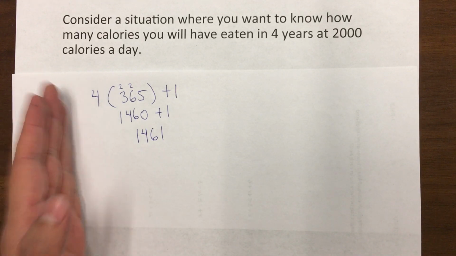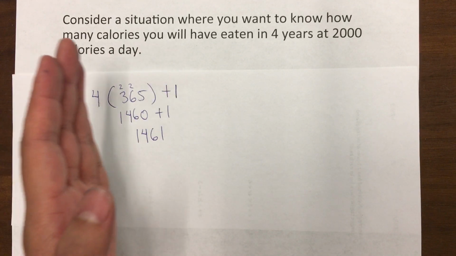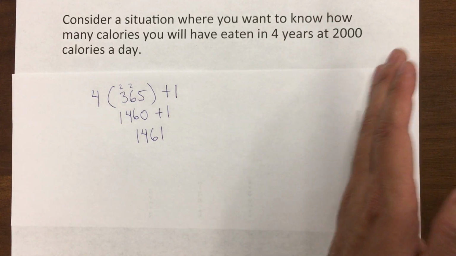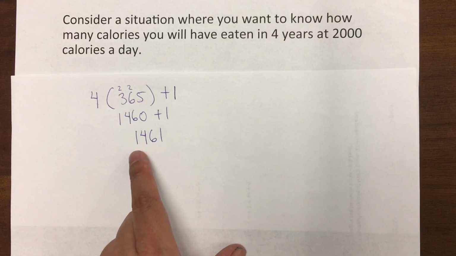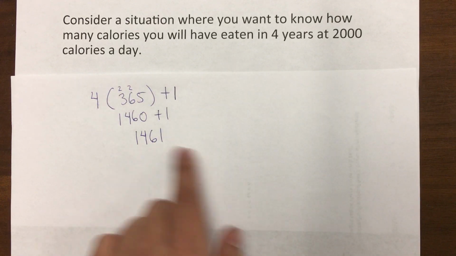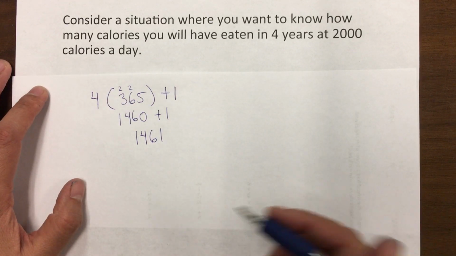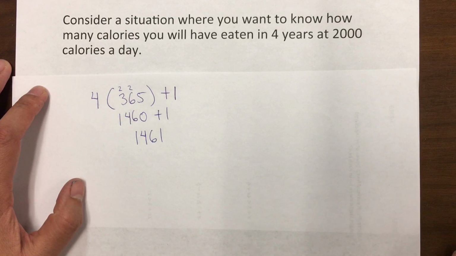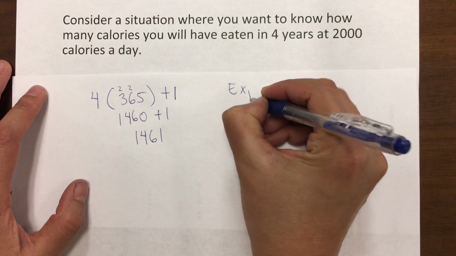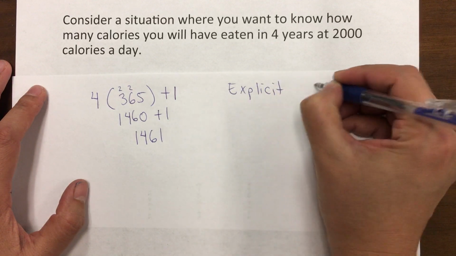I don't want to do a list like I was doing, 2,000, 4,000, 6,000, 8,000, 10,000, that many times. I would have to do that, adding 2,000 that many times. So how can I figure it out? Well, I can use the explicit formula.